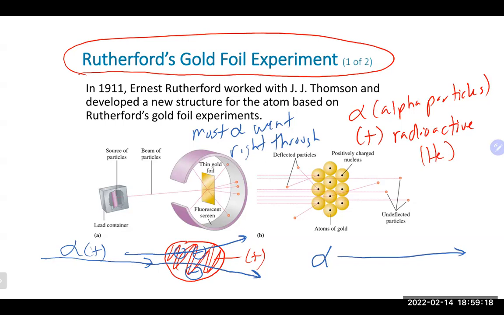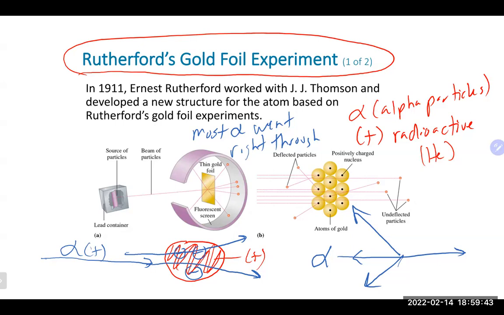But really what surprised them was that every now and then, as you can see on the screen, an alpha particle shot out at really large angles. So if you have these really fast moving, heavy alpha particles, which are positively charged, they get bounced off at these really large angles.